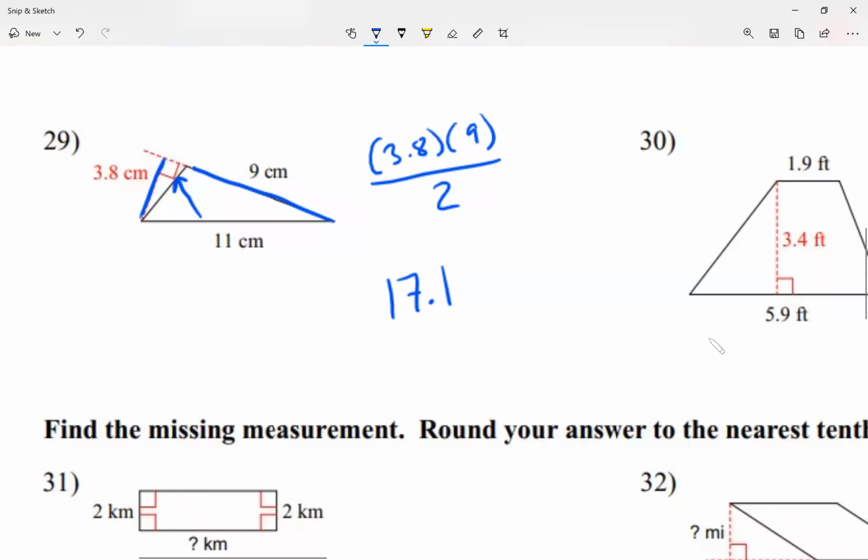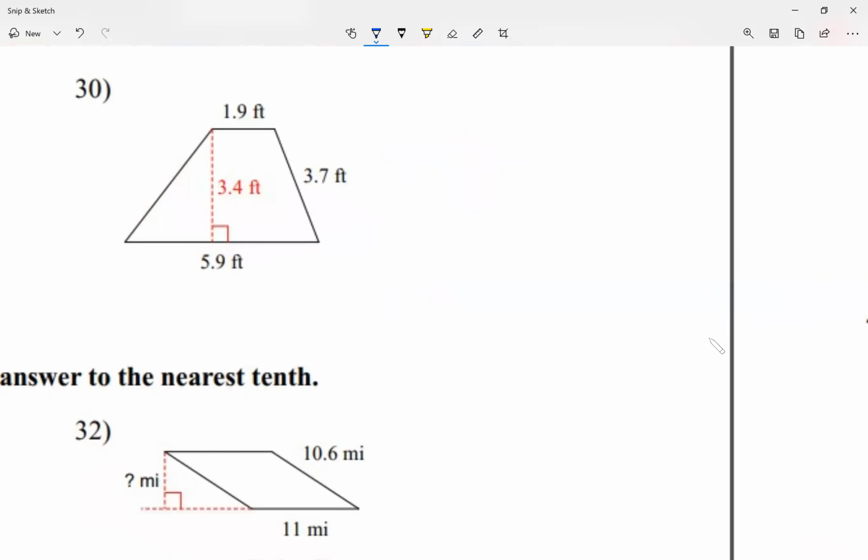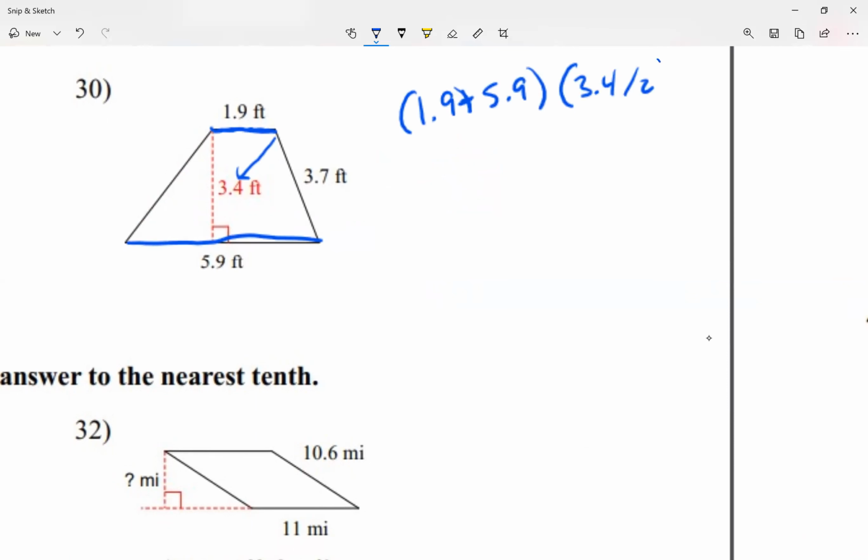And then we move into trapezoids. I look for the two bases, the two sides that are parallel. So in one of my parentheses, I'm going to go 1.9 plus 5.9. I add the bases, and I want to multiply this by height divided by 2. We can see the height is 3.4. So 3.4 divided by 2.